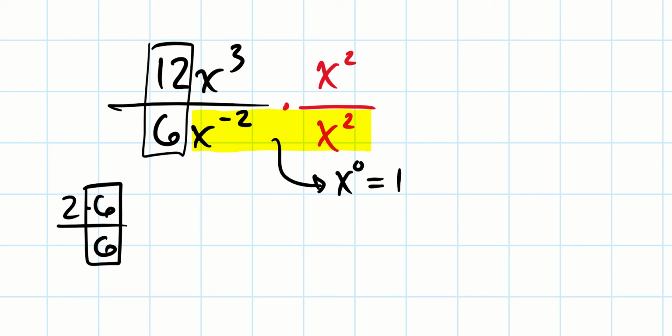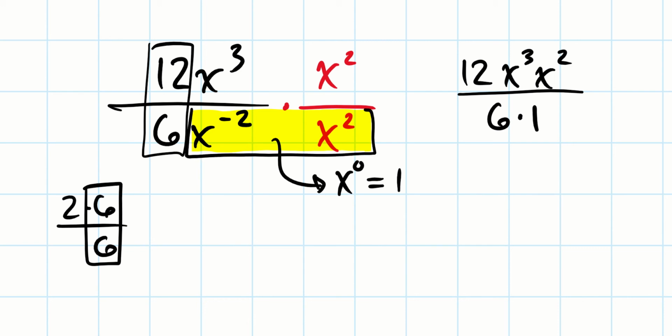So effectively, I've changed this problem into 12x cubed x squared over just the number 6 times 1 times 1. That's 6 times 1.